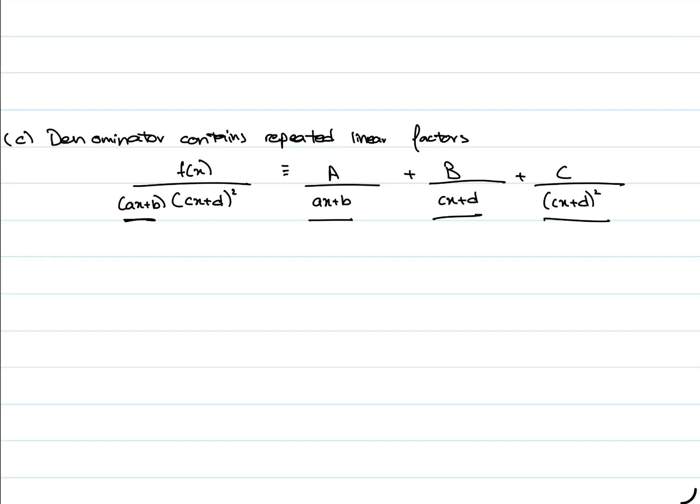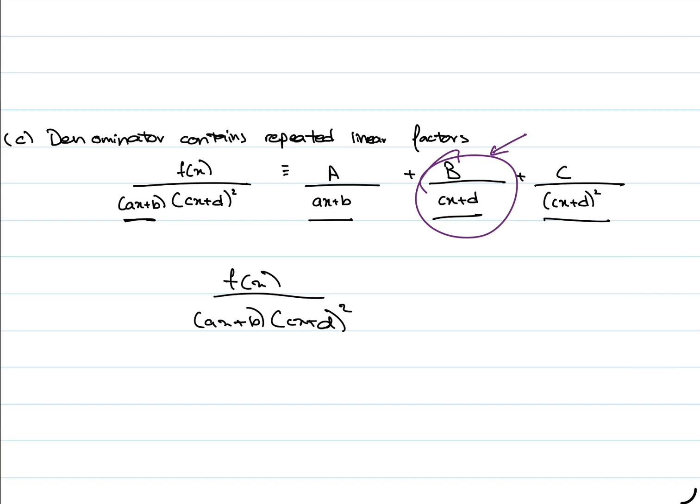Okay, what confuses people in this is this term. Why is this like this? Okay, it's confused me many times. So, when we break this down, usually we see it as a rule that our numerator is 1 degree less than the denominator, right?